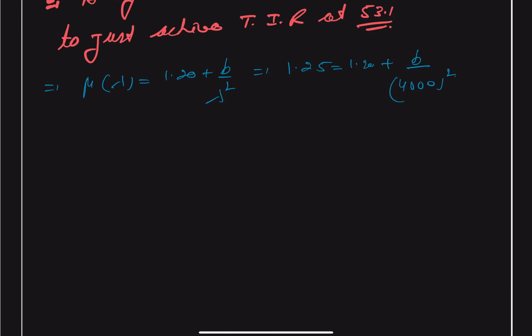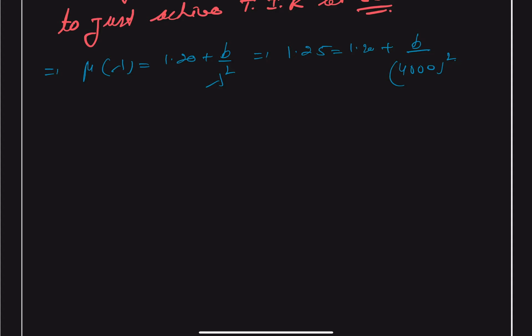So we can easily solve it, and this will give us b upon 16 into 10 to the power 6 is equal to 1.25 minus 1.20, which is 0.05, and this gives us that b will be equal to 8 into 10 to the power 5.